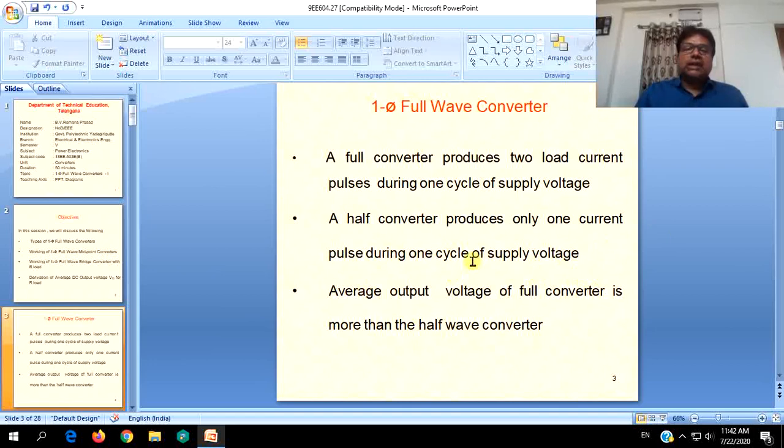So obviously, as two half cycles are flowing through the load in case of full wave conversion, the average output voltage as well as the current will be more when compared to half wave, because in half wave there will not be any voltage or current throughout the negative half cycle, whereas in case of full wave conversion, the negative half cycle is converted into positive half cycle.